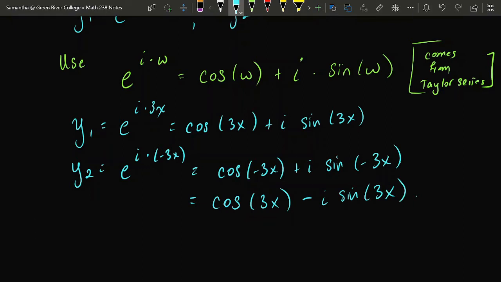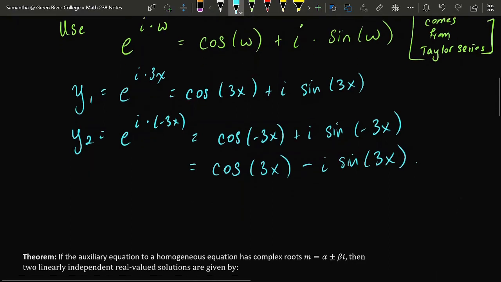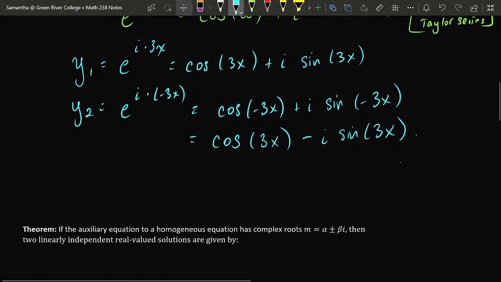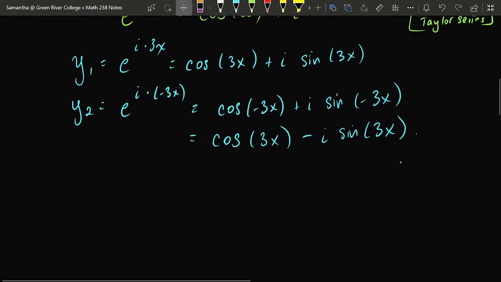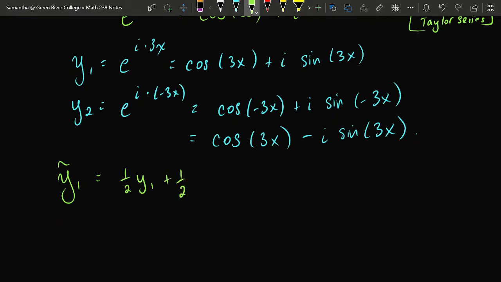So what I'm going to do now is take these two complex solutions y1 and y2, and combine them in such a way that I will hopefully be able to eliminate the imaginary part from these expressions. For example, suppose that I construct a new solution y1 tilde by taking half of y1 and adding it to half of y2.